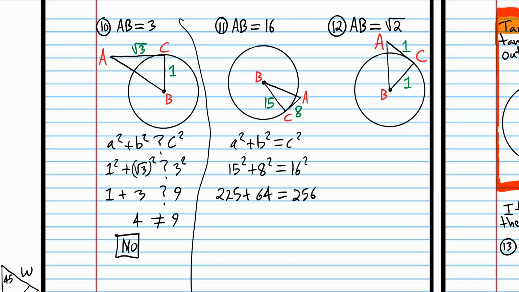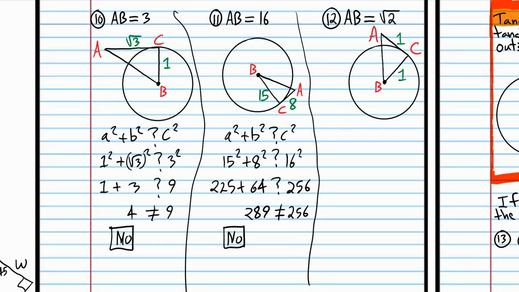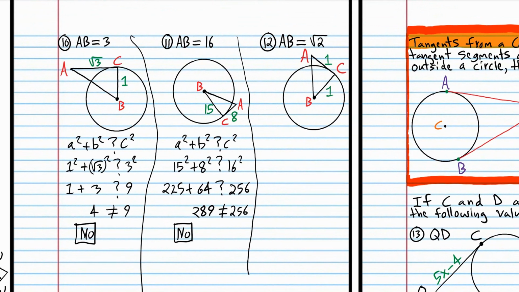And if we add 225 to 64, we get 289. By the way, I should be putting question marks here, I guess. And you can see that that's definitely not equal to 256. So the answer is no. The line containing AC is not tangent to circle B at C. So if you got that answer, good job.